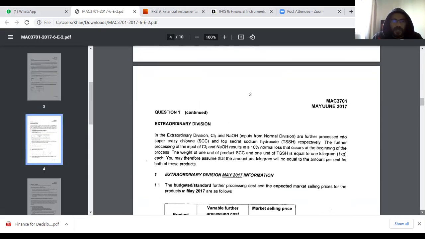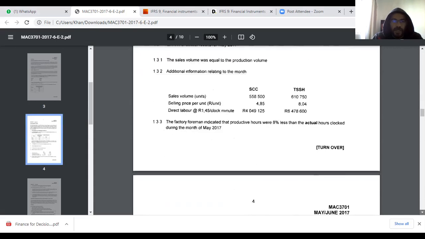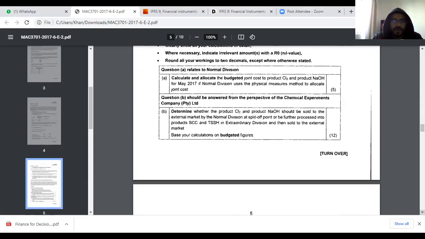Okay, so let's quickly go to the required. So we're going to do part A again. I know we did it before, we will just do it again because it will filter into part B. So remember, part A says calculate and allocate the budgeted joint cost to product CI and to product NaOH for May 2017 if the normal division uses the physical measures method to allocate the joint costs.